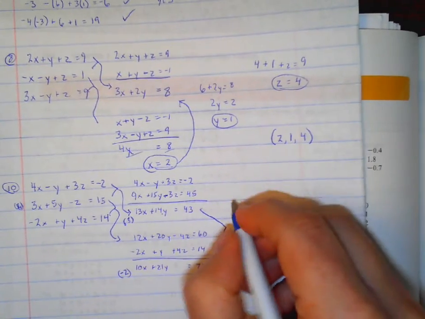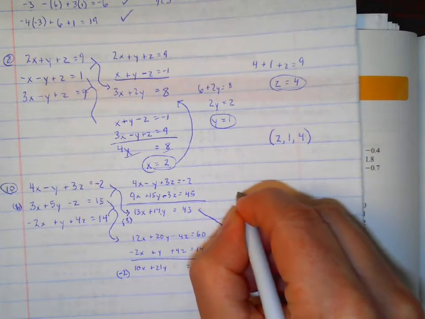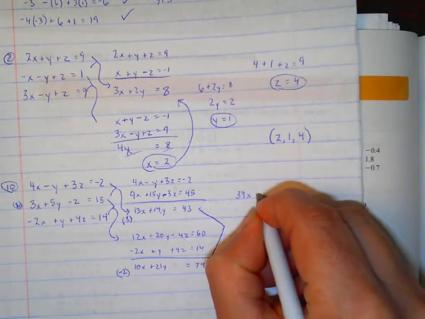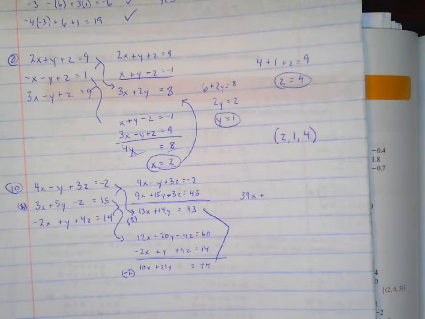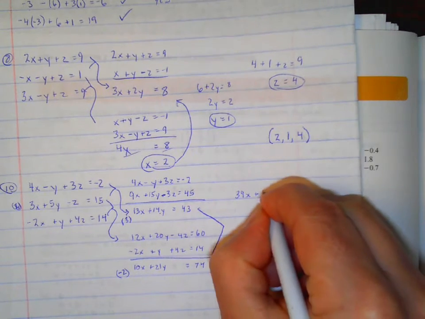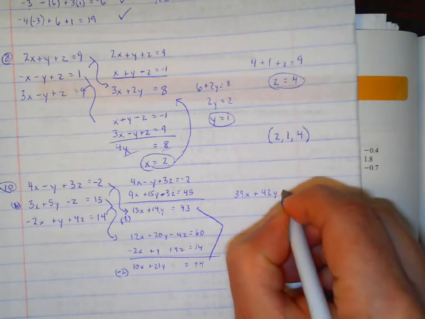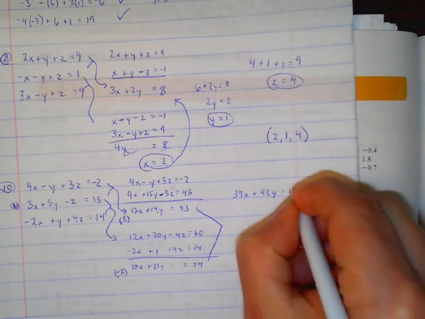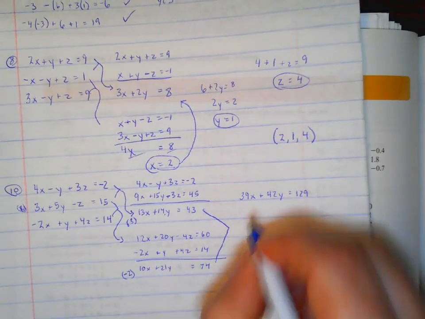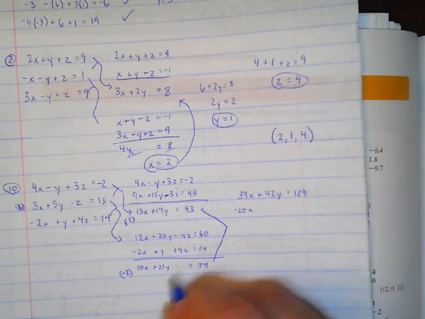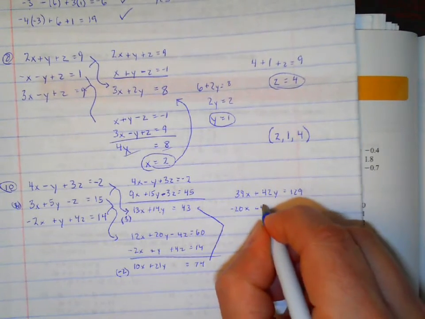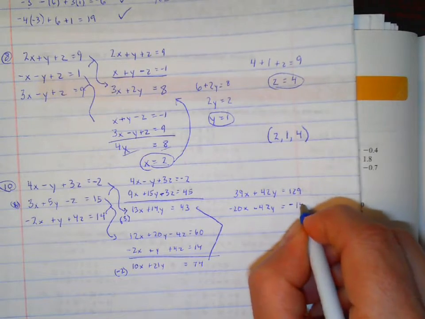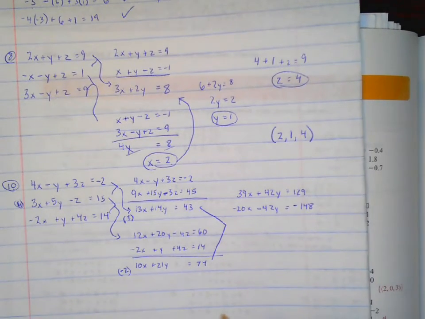So it would be 13 times 3 would be 39x, 14 times 3, 42, yeah, I just knew it was going to be 42, and 43 times 3 is 129, -20x minus 42y, and -148.